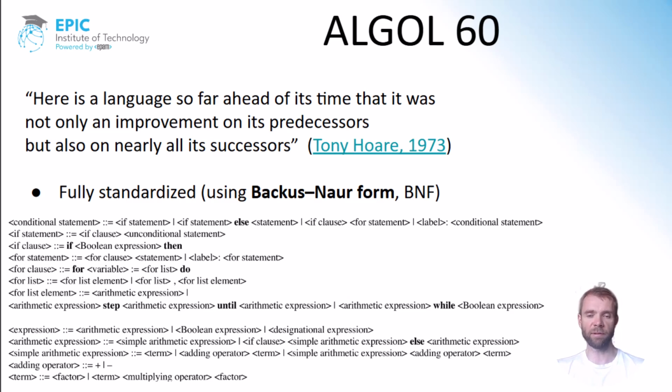And a simple arithmetic expression breaks down into terms which are joined by an adding operator, which can be either plus or minus, right? And a term is either a factor or a term and a factor joined by some multiplying operator, which can be either star or slash, so either multiplication or division, etc.